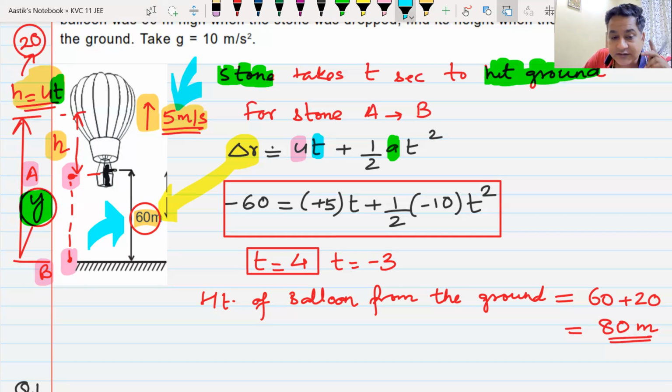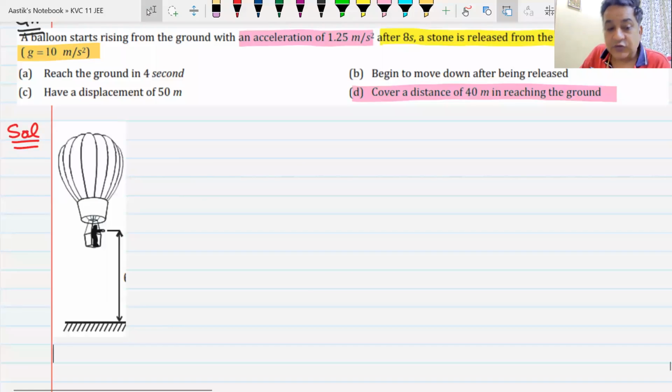So these are the two things I must first find out, because without finding out those two things, this question does not get solved. Do we understand this? The first point of this entire question is that I have to first find out the velocity of the balloon and how high the balloon is from the ground.